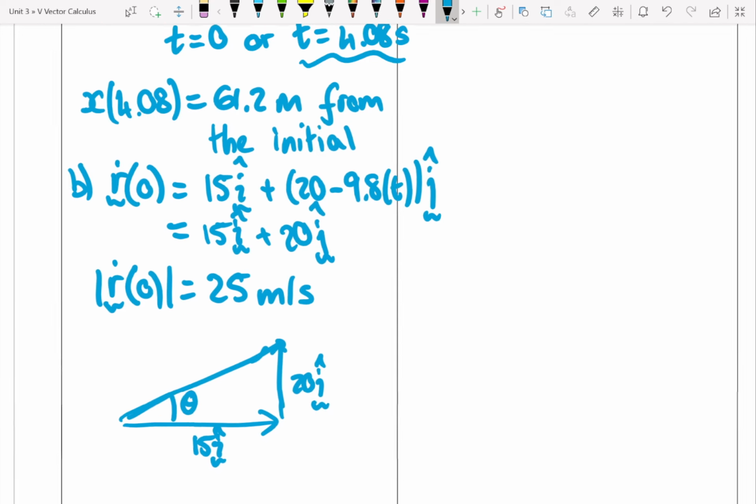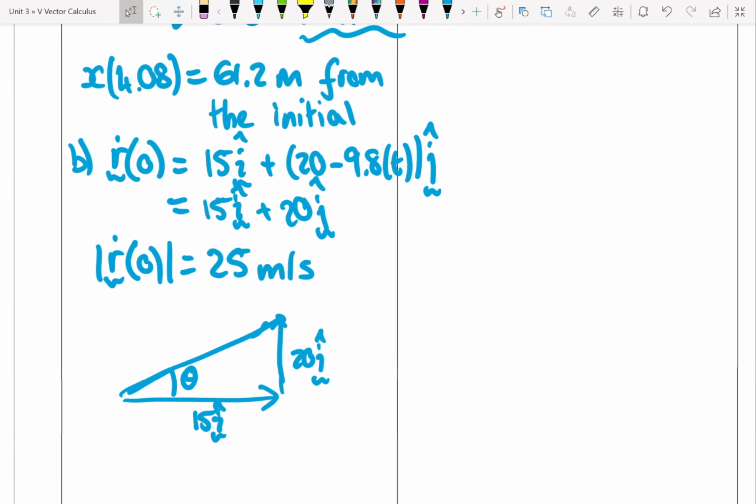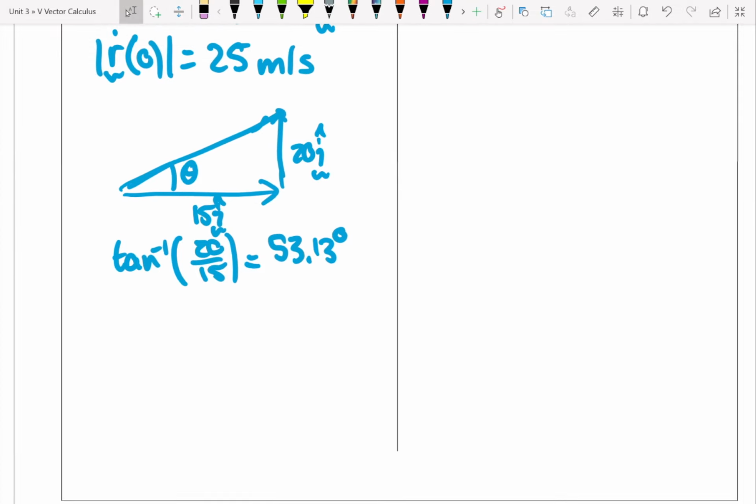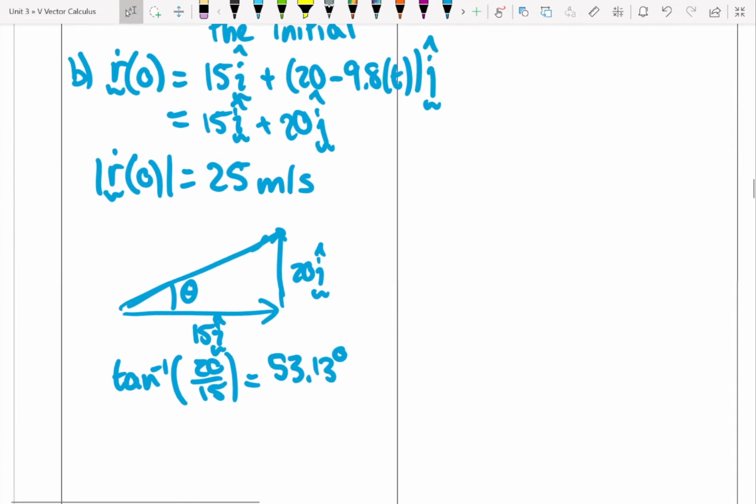So the angle is going to be tan inverse of opposite over adjacent, tan inverse of 20 over 15, which gives us 53.13 degrees. That's actually the angle of a 3, 4, 5 triangle, so it's good to see that there. So it's got an initial speed of 25 meters per second and an angle of 53.13 degrees.